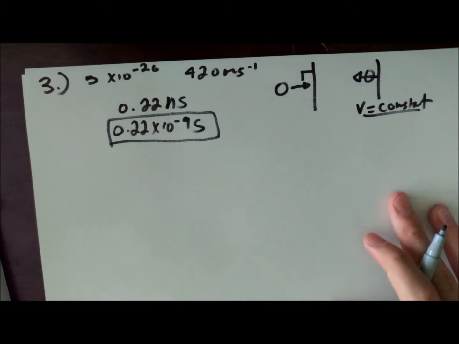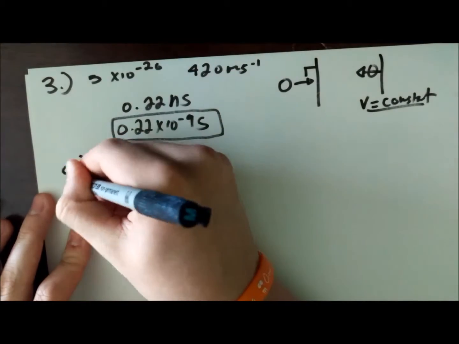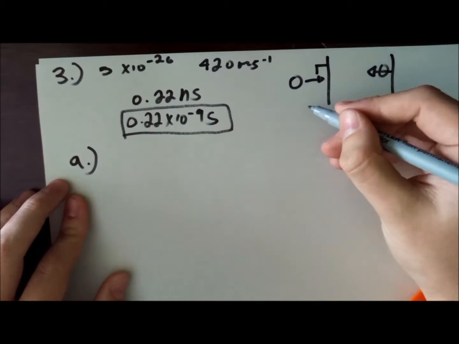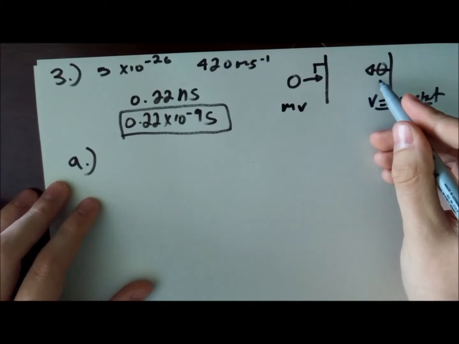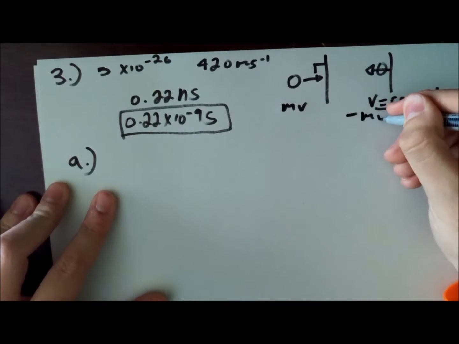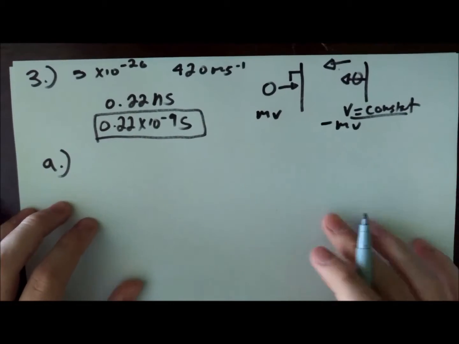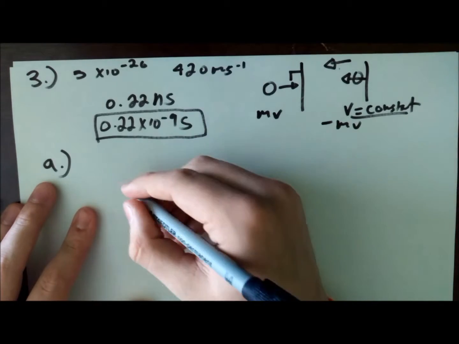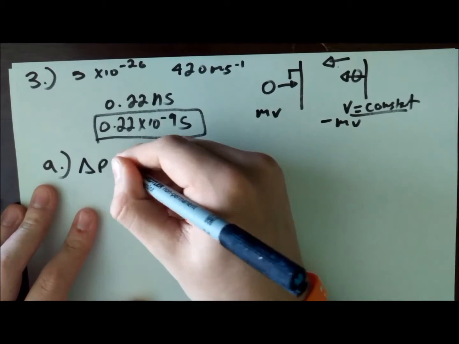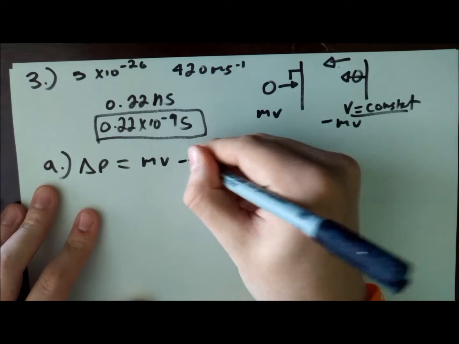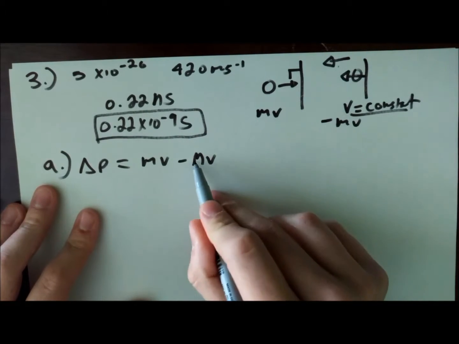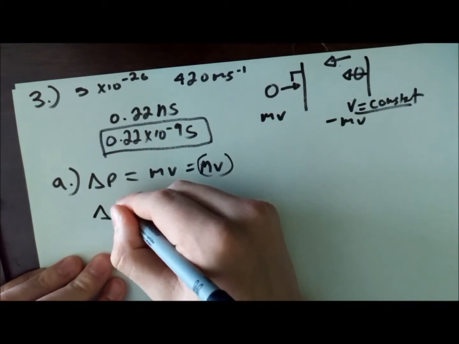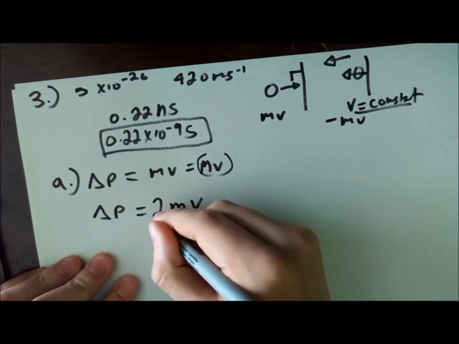Now, it asks us to calculate the change in momentum. So, the change in momentum, as we saw earlier, will be initial, mv, and mv will be the same on the way back, so minus mv, because it's going left. So we have mv and minus mv. So what we can change this to is that the change in momentum will be equal to mv minus mv, except this is negative itself. So the minuses cancel, and we get change of momentum equal to 2mv.